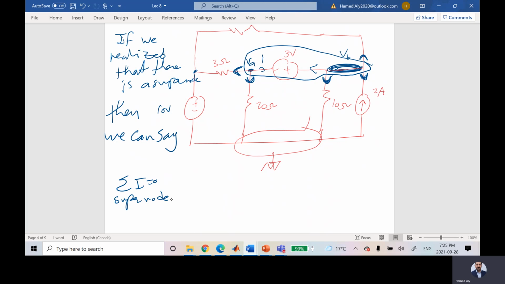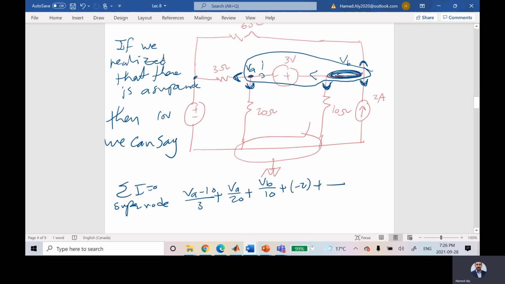The first one is (VA minus 10) over 3 plus this guy VA over 20 plus this guy VB over 10 plus this guy, which is negative 2, plus the last one, which is (VB minus 10) divided by 6. And in the same way, I can say VB minus VA is equal to 3.